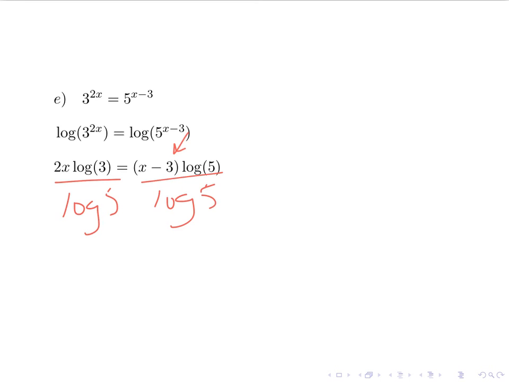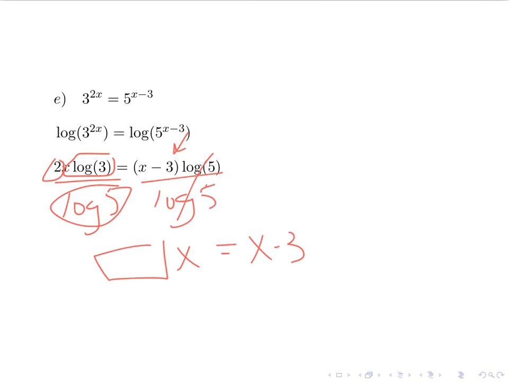And I'm choosing that because of my binomial of the x minus 3. So on my right, I've got x minus 3. On my left, I have something times x. And that something is 2 times log of 3 divided by log of 5. So I want to do that all together and just have one number times x. And again, I'm going to round to 4 decimals because I'm in the middle of a problem.